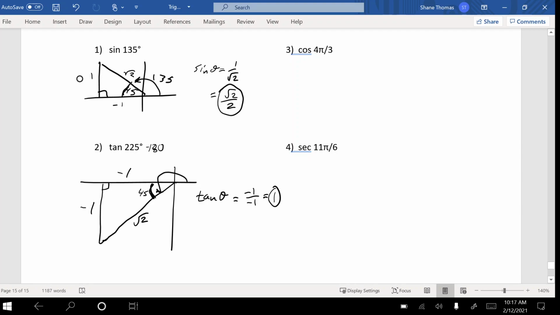Okay, number 3, cosine of 4 pi over 3. So 4 pi over 3 is going to be in what quadrant? 4/3 is bigger than 1, correct? Quadrant 3, good.